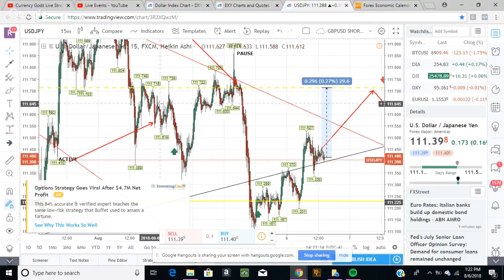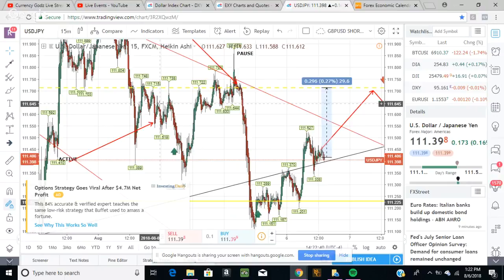Trading Forex is kind of like chess. Too many people approach trading Forex as checkers instead of chess. With chess, you have to realize that the market has to be prepared and setting up the next move. So there's an active move, but that active move can't actually play out until the pause move is set up.